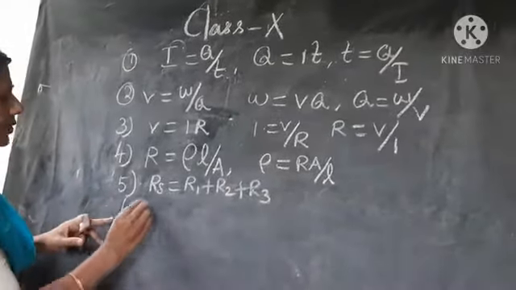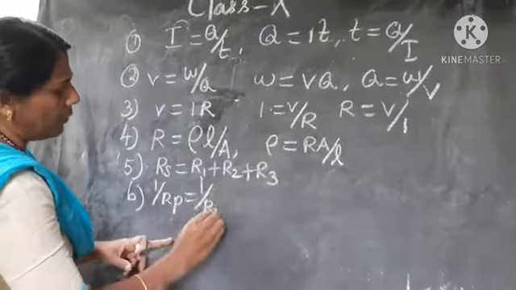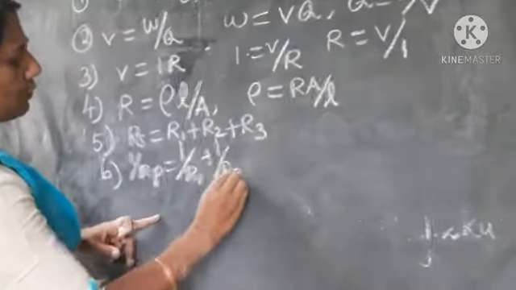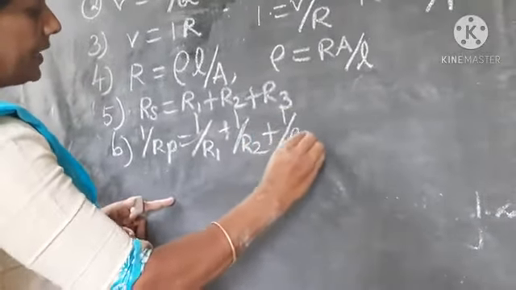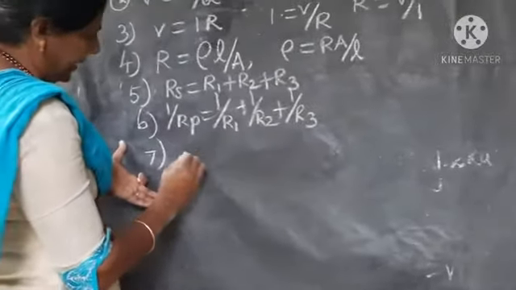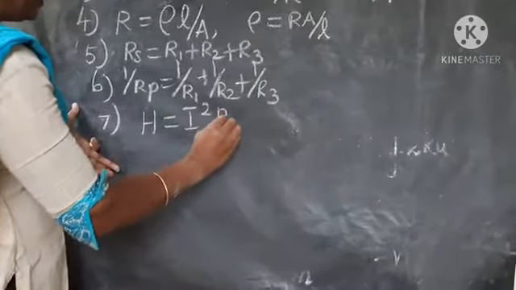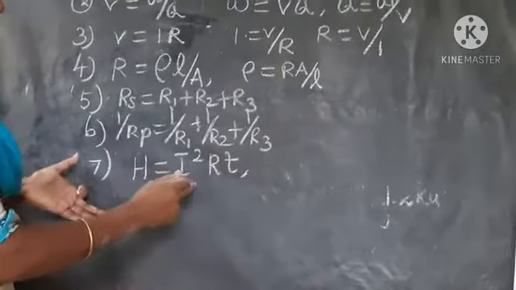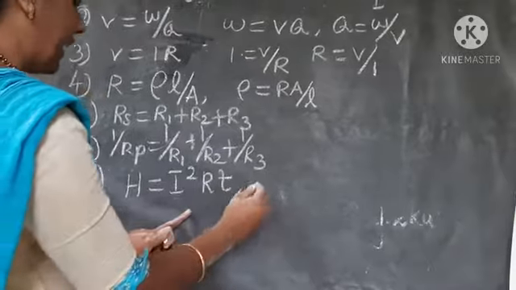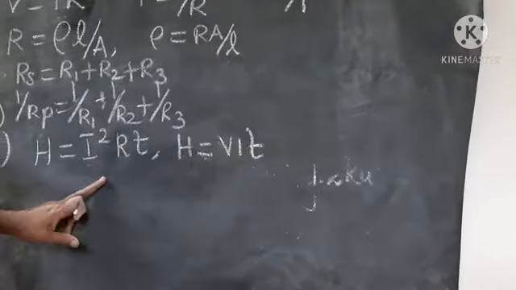The next one is 1 by Rp is equal to 1 by R1 plus 1 by R2 plus 1 by R3. The next formula, which we discussed yesterday, is H is equal to I square RT. From this you can write once again H is equal to VIT also.